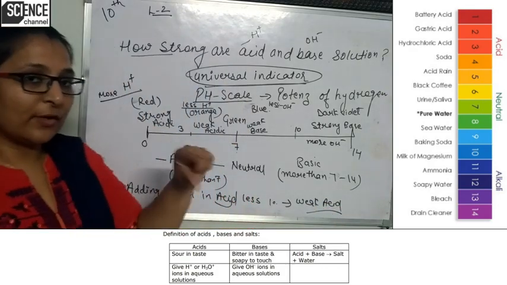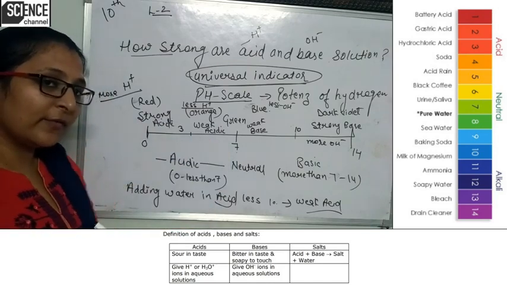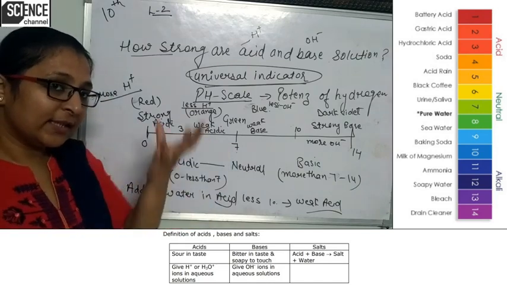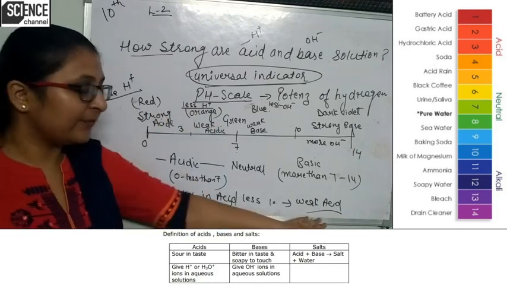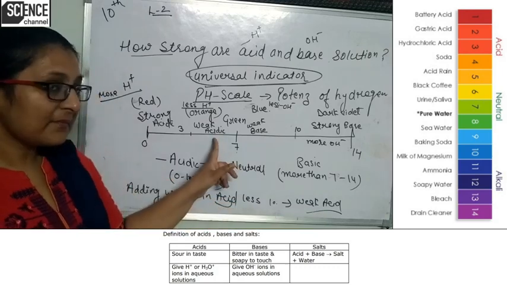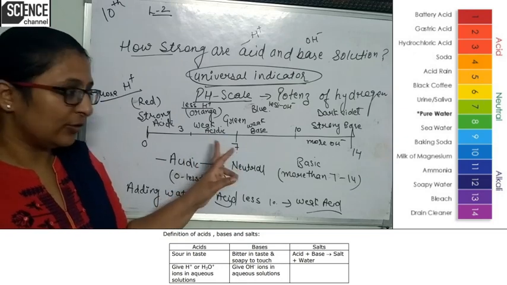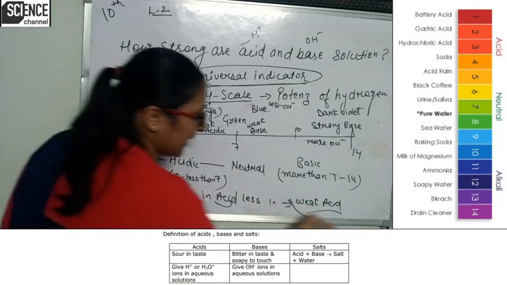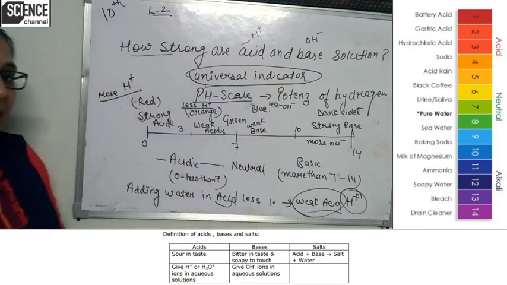We are taking 2 ml of acid, but we are adding 10 ml of water. Then dilution of acid is more. It means that it is a weak acid. A weak acid gives about a 4 to 7 value. It also means that it has a less amount of H positive ion.